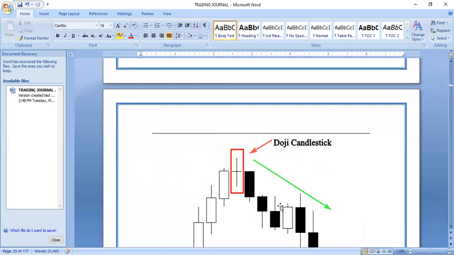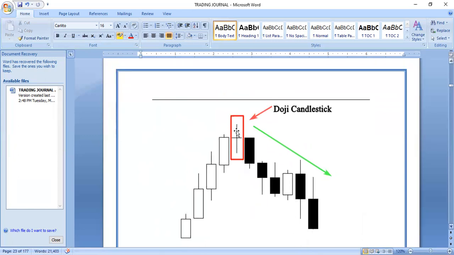Like in this particular example of ours here, this particular doji posed a threat to the buyers who were previously in control, giving a chance to the sellers who now came into control of the market.